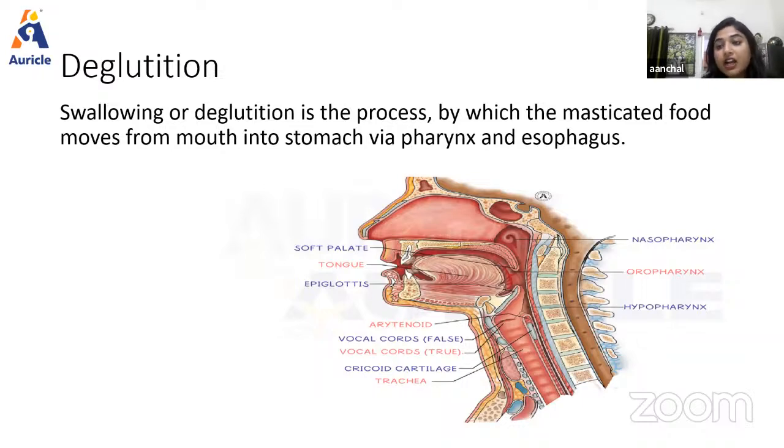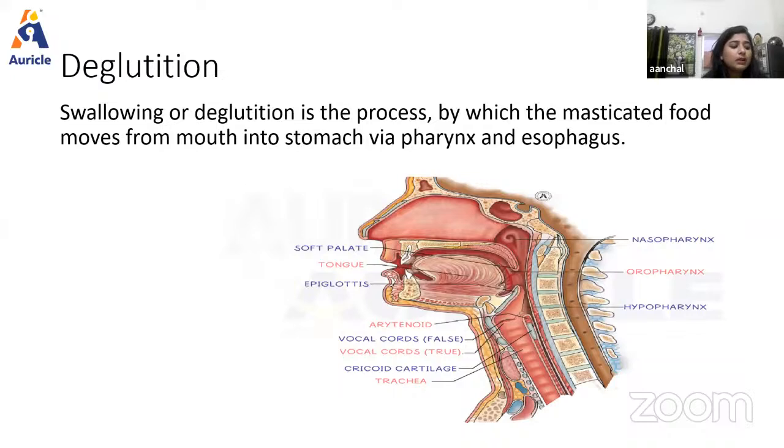As we discussed in the last class, saliva makes the food softer and more slippery, so that swallowing can be done easily and in a proper manner. Then there is lubrication and moistening of dry food by saliva, so that the bolus can be easily swallowed. Then appreciation of the taste of the food can also be done in the mouth with the help of the taste buds present over the tongue.